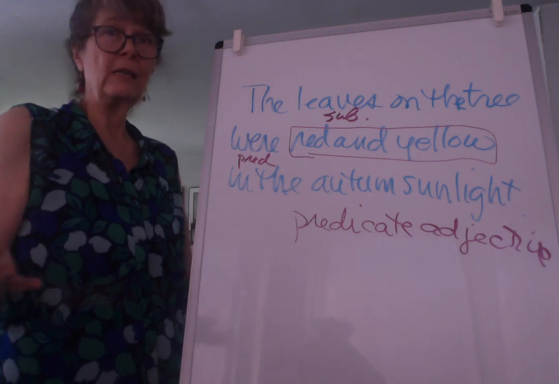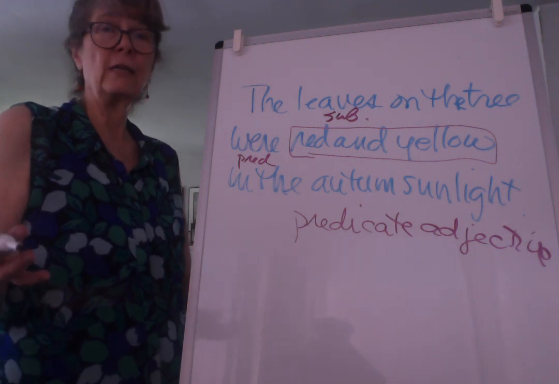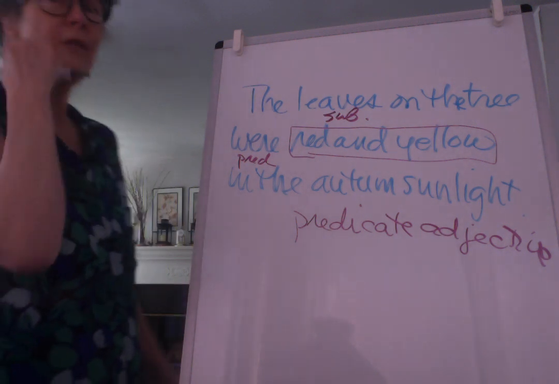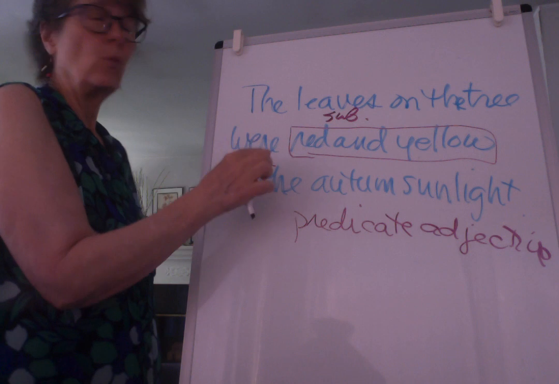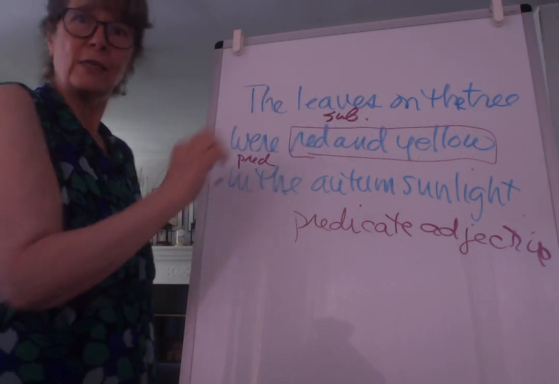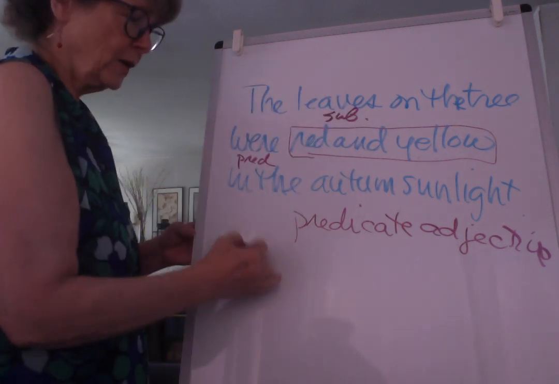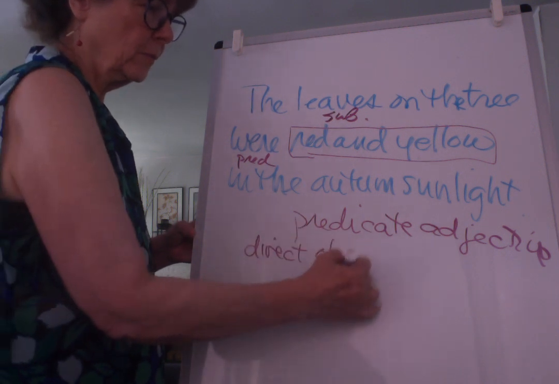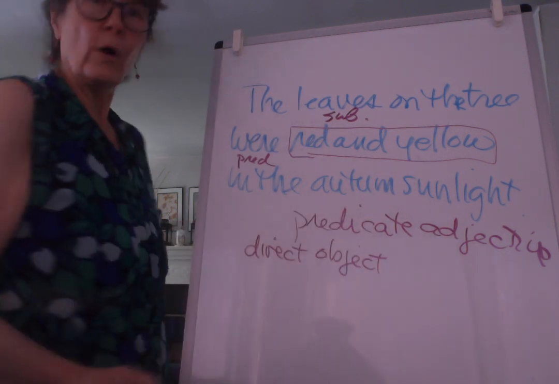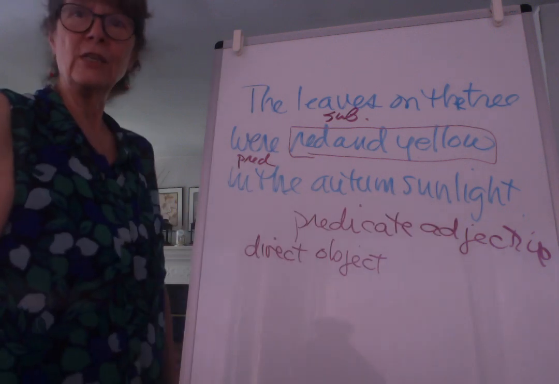You're never going to see that on a GED or a HiSET, but we do need to know that that's a possibility. So this thing that answers the question what, leaves were what, that could be a direct object, or it could be a predicate adjective.